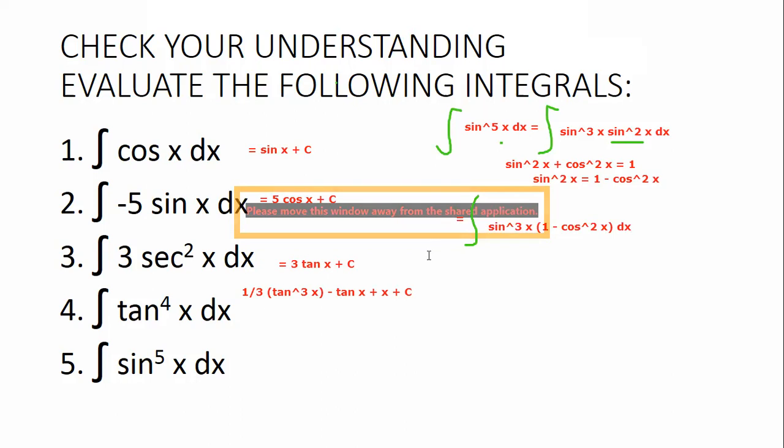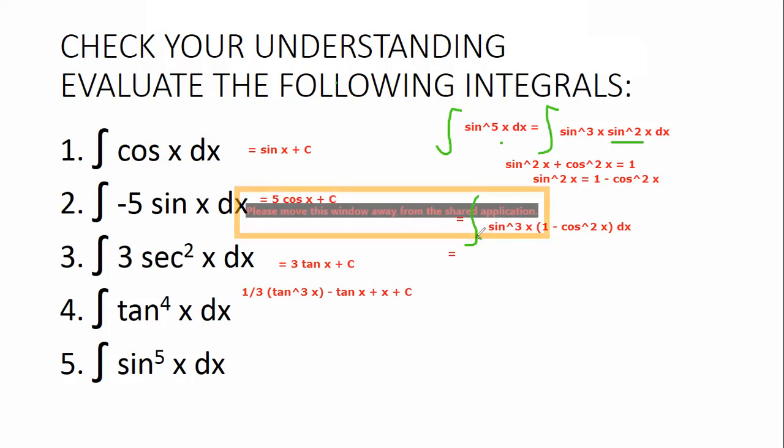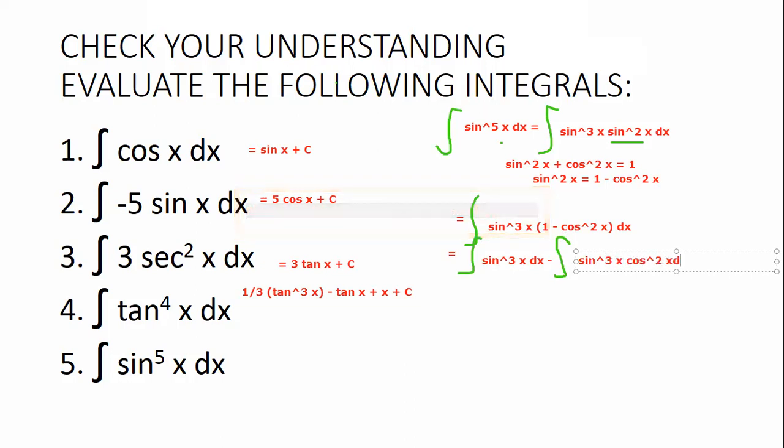Okay, so we're going to use the distributive property. So this will be the integral of sine cube x minus the integral of sine cube x cosine squared x.